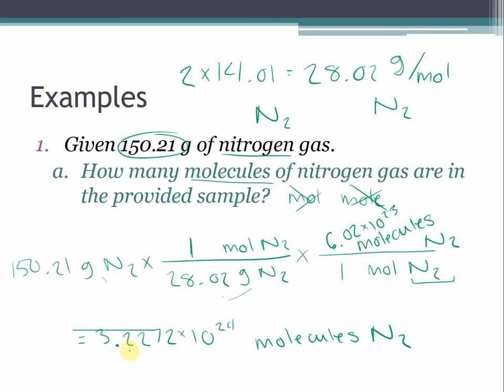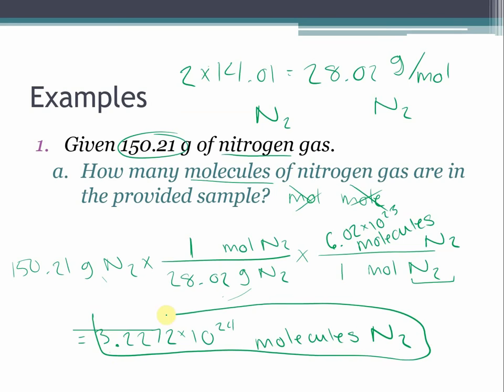So we've got 1, 2, 3, 4, 5. Remember, none of the other numbers in the problem matter because these are all conversion factors, and conversion factors don't affect your sig figs. So if we start with 5, we should end with 5. Your answer is 3.2272 times 10 to the 24th molecules of nitrogen gas, N2.